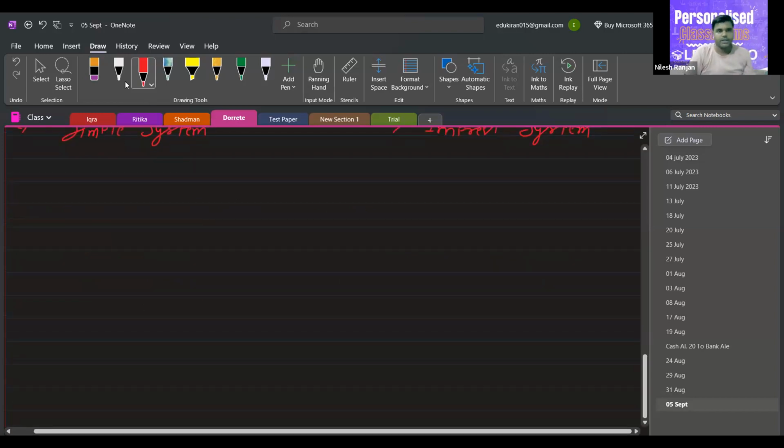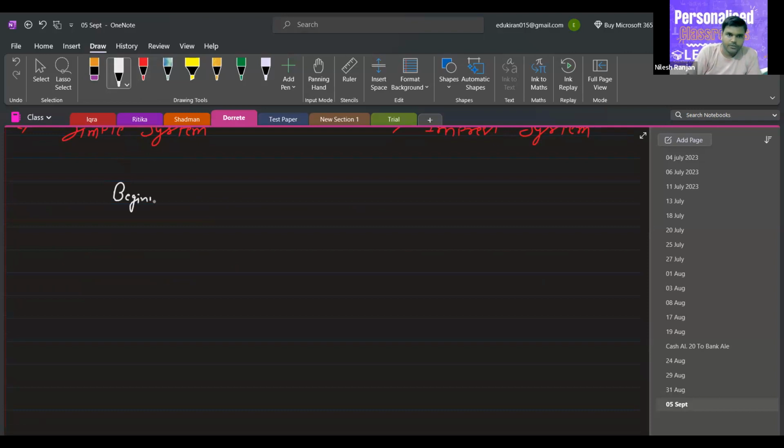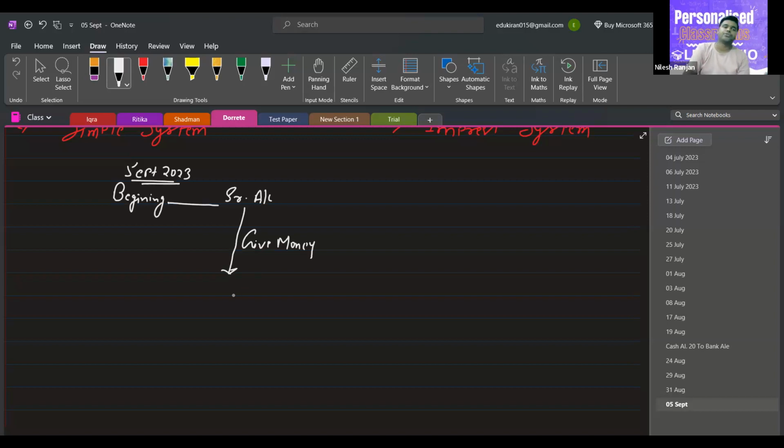So, first of all, in the beginning of every month, let's say the beginning of September, September 2023 is going on, the senior accountant will give money to the junior, the petty cashier, and he will pay all the expenses.